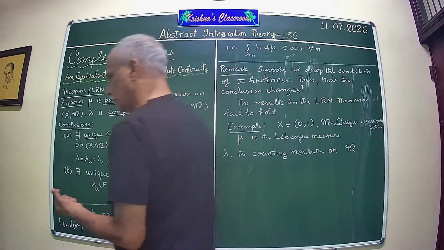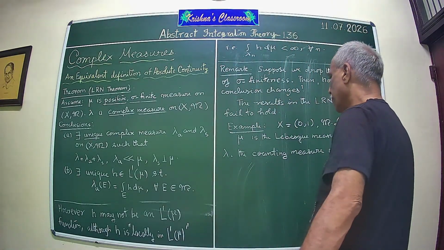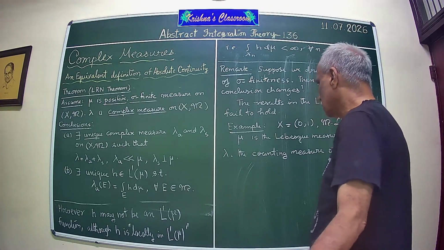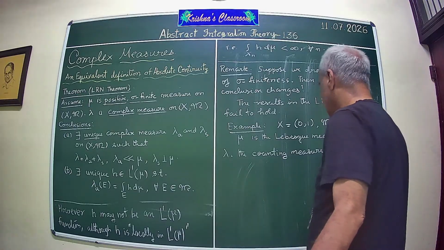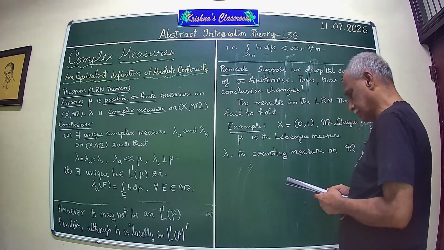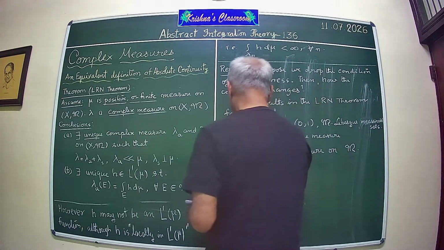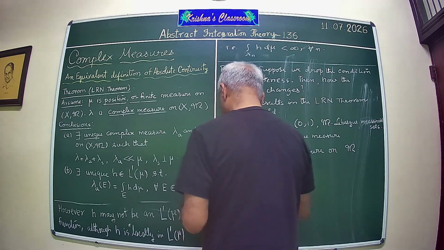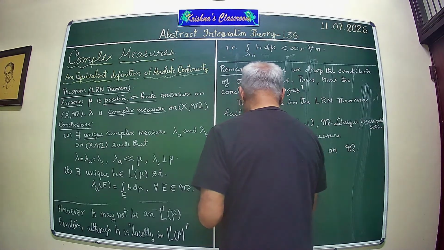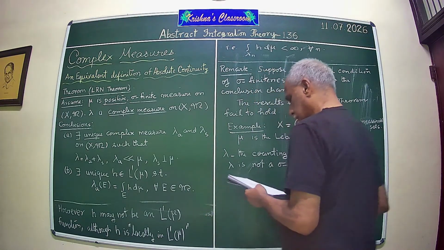So if you take a subinterval, it's a Lebesgue measurable set and the counting measure of that is going to be infinite. Whereas if you take the singleton sets or a finite set, then it's going to be finite. So the counting measure is finite only for finite sets. Okay, that's the speciality. So clearly lambda is not sigma finite.